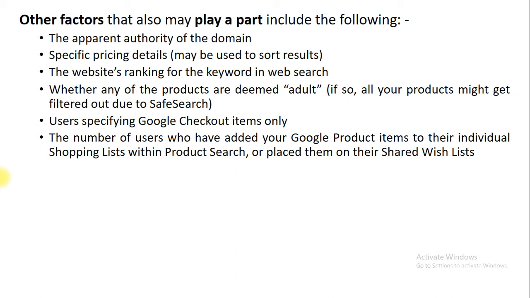That means whatever the list of items provided by Google, you need to make sure it is registered under Google, and the number of users who have added your Google product items to their individual shopping list within product search or placed them on their shared wish list. That means whatever product you have taken, or is in your cart or wish list, you can share it with another person. So you need to give that facility.